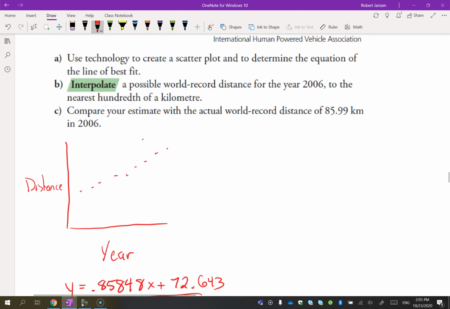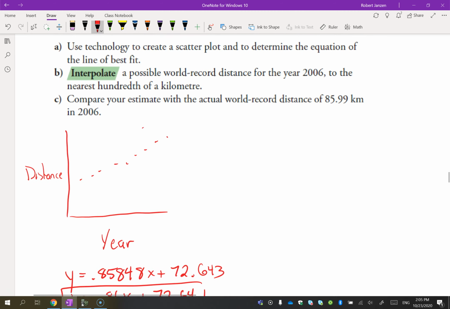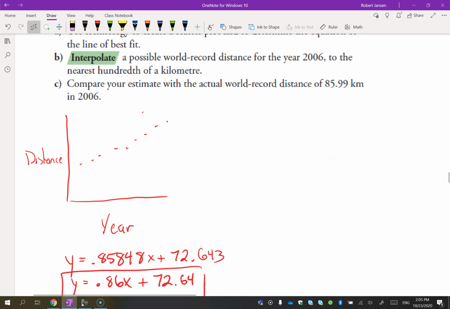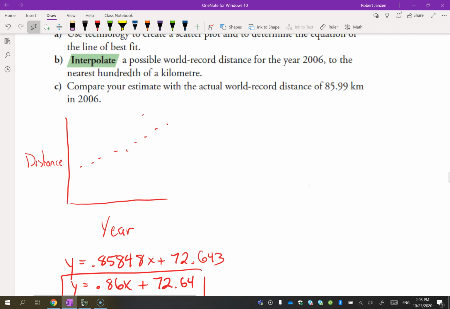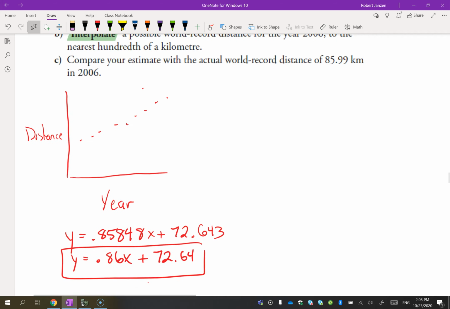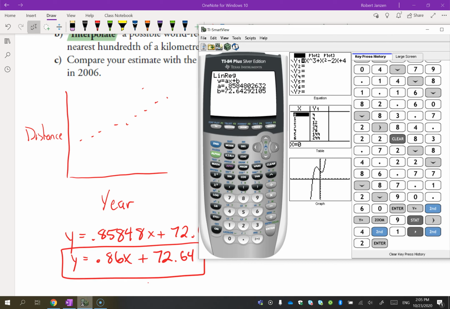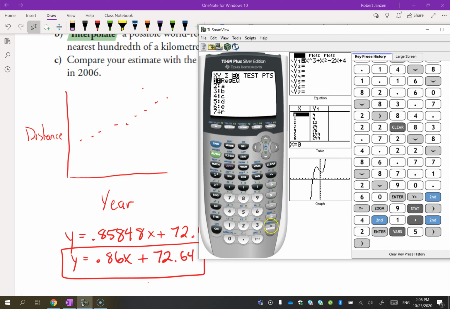Okay, now it says, let's use that to interpolate a possible world record distance for the year 2006. So how are we going to do that? Well, first of all, let's put this on our graph. If you remember how to do that, we're going to go vars, statistics, equation, regression equation.